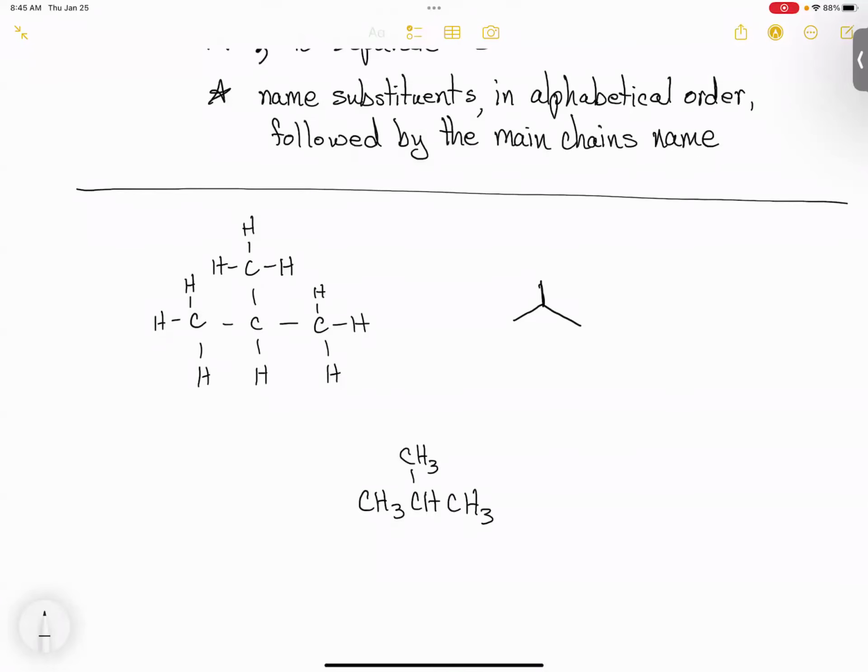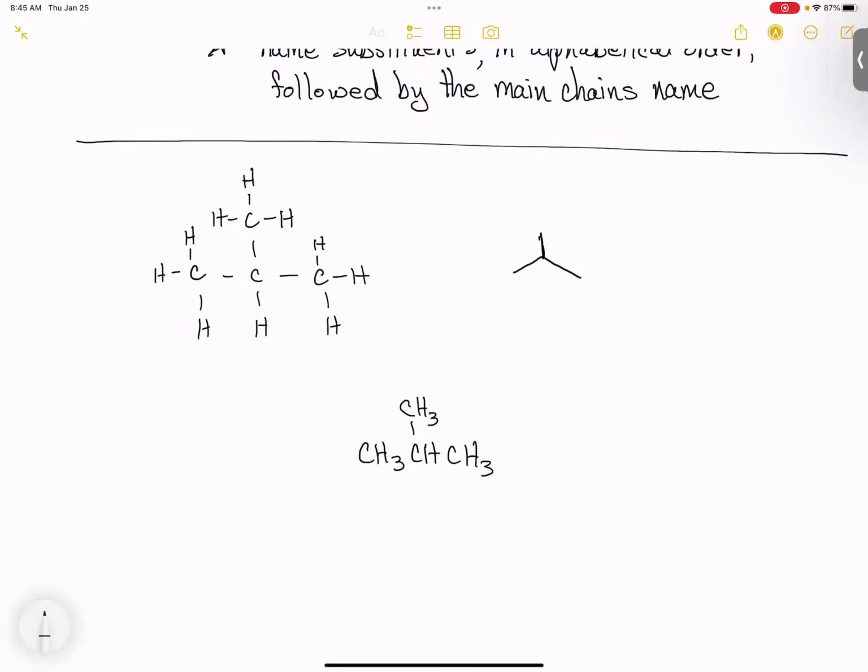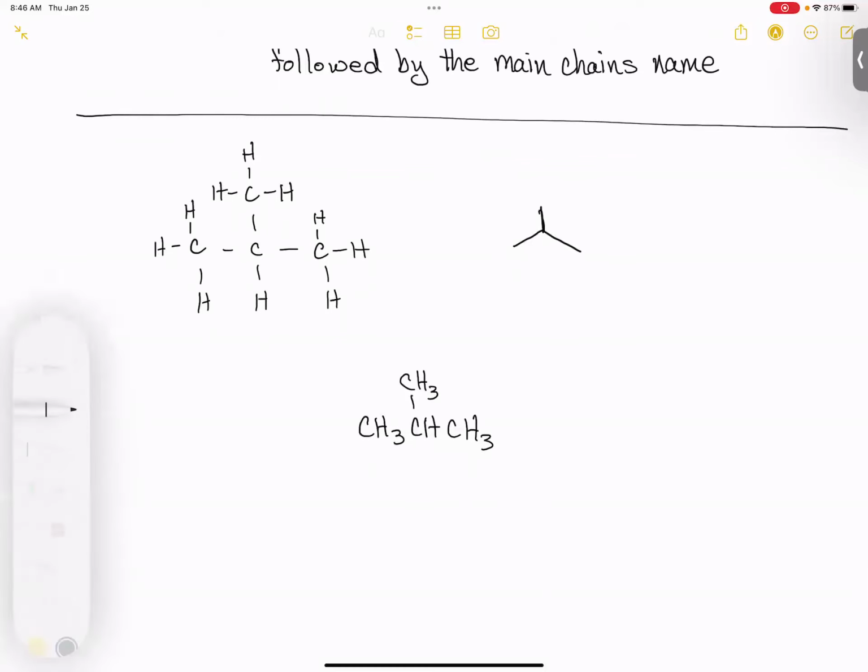Step number one. Well, let me give you a second to catch up with all the structures. Step number one is to identify the longest chain.